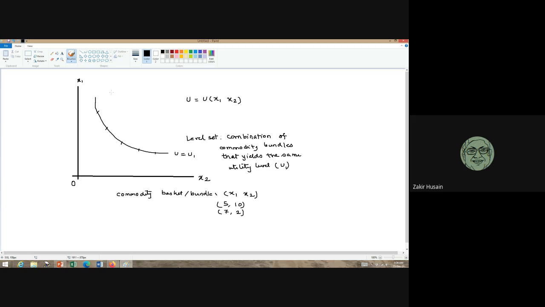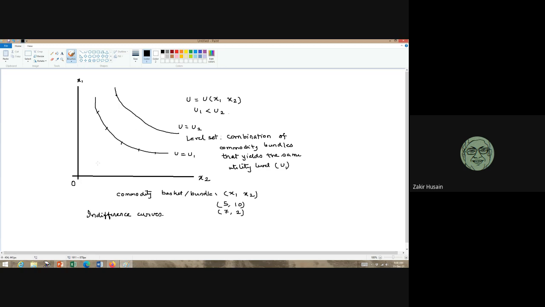So we can take another set like over here where we have more of x and y compared to, let us say, this one. And we can draw another level set u equal to u2. In this way we can have different level sets over here, and in this case, we call these level sets indifference curves.